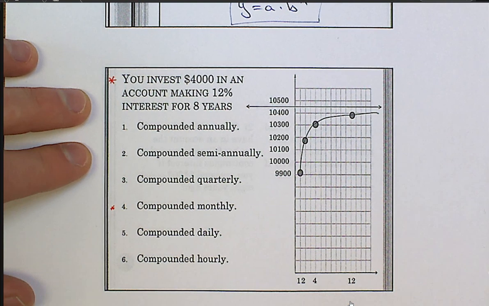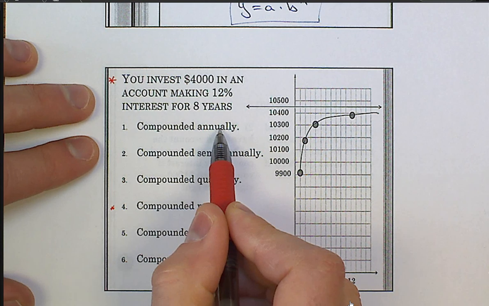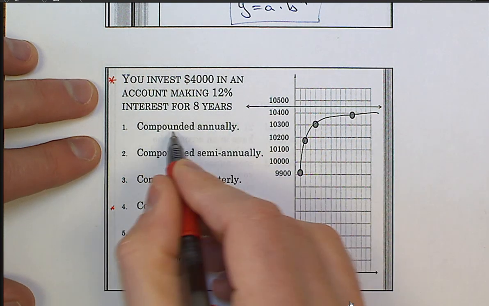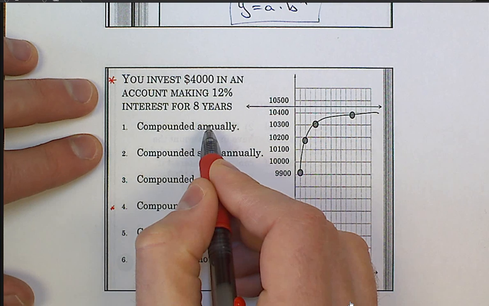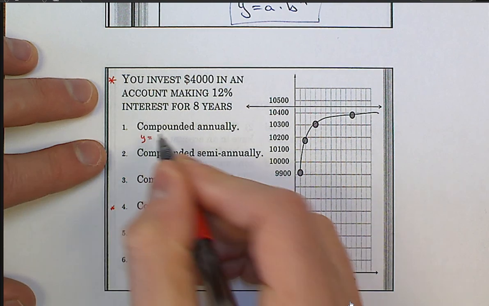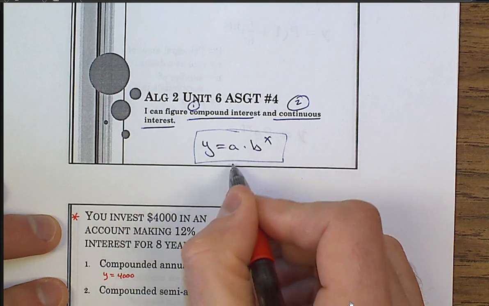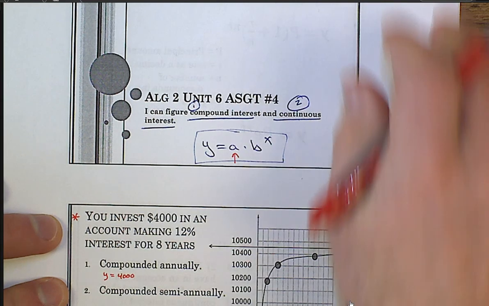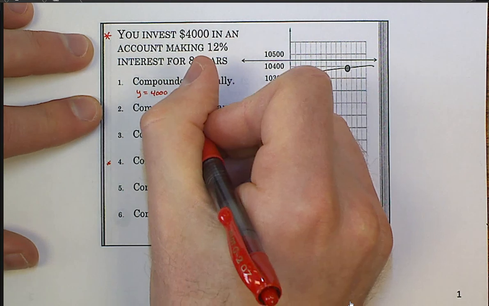So the first one, compound annually, which means annually means once a year. And so if your money is generated once a year, this is the example that we did already in Lesson 1. That would be our $4,000, because remember, your A value is what you start with, right? This is your starting amount, which you already know. And so we have y equals $4,000. We're going to times that by our growth.